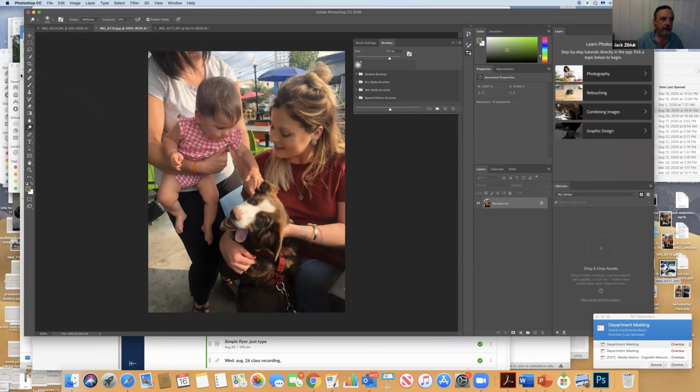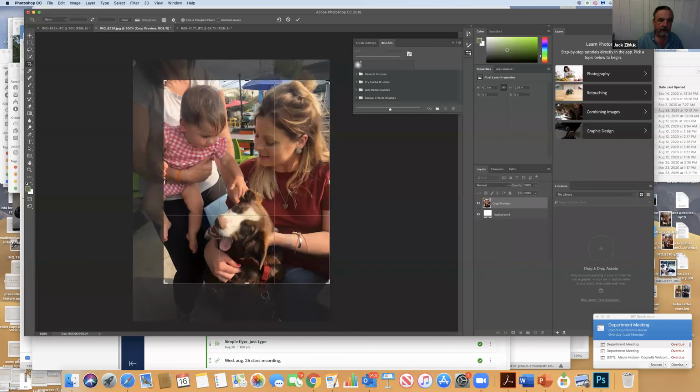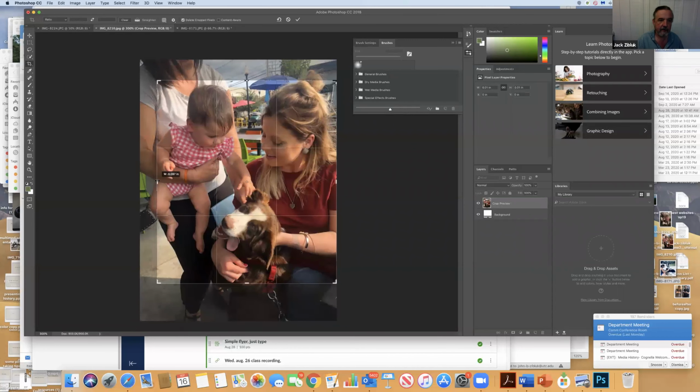There they are. Crop it. See, this is aunt, this is mom. Look at where the action is. The action is really right there. Don't want to crop off her fingers. We don't want to crop off baby Ruby's fingers.